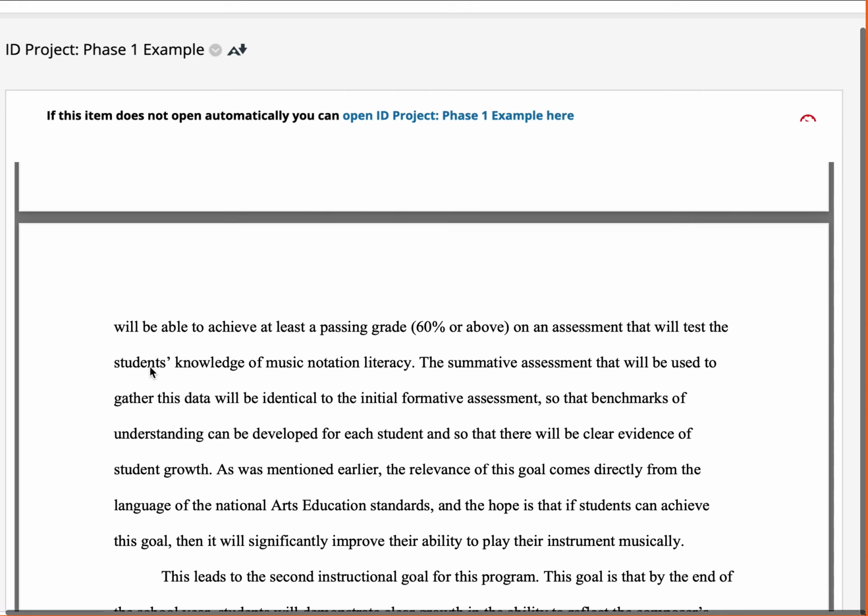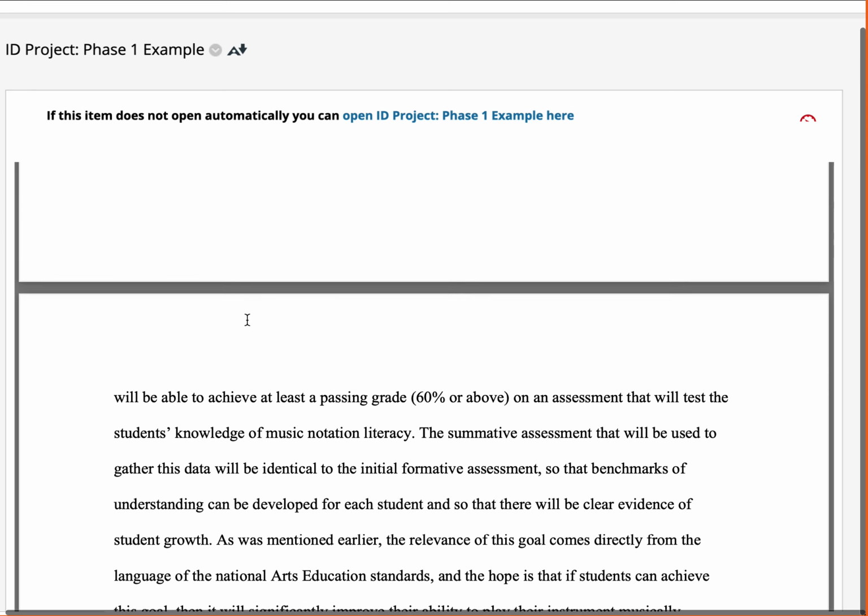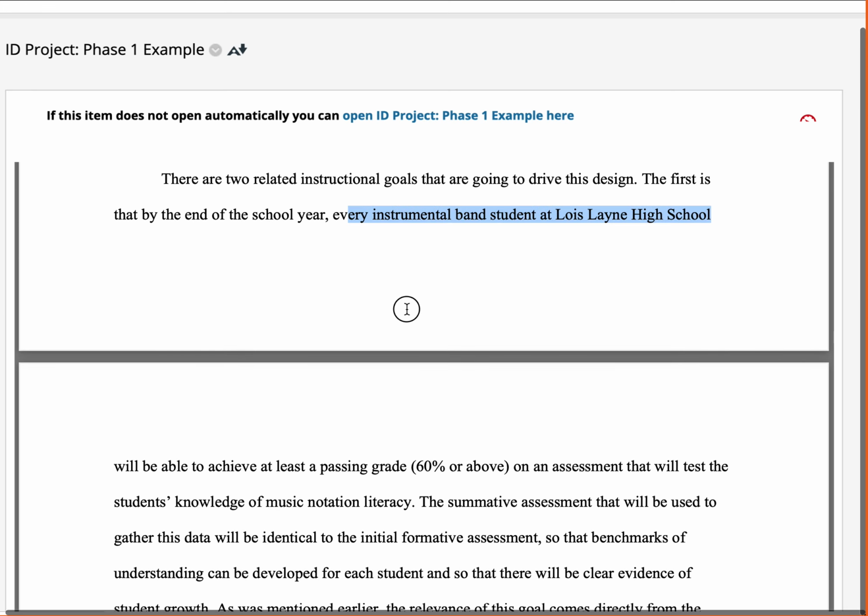In this case, one of them is that they will be able to achieve a certain level on a post assessment. So that's a measurable thing. They will be asked a series of terms or whatever.